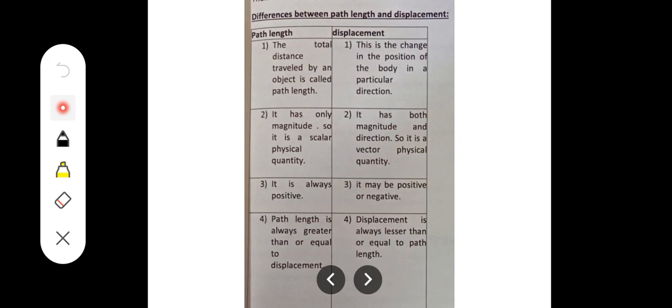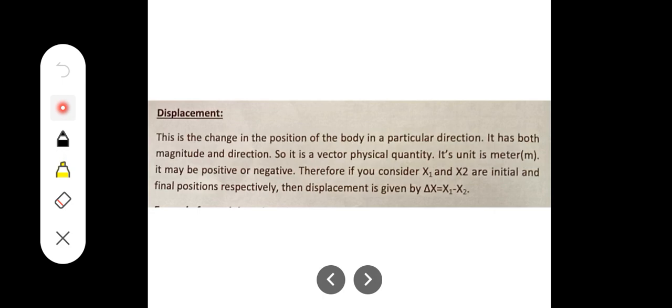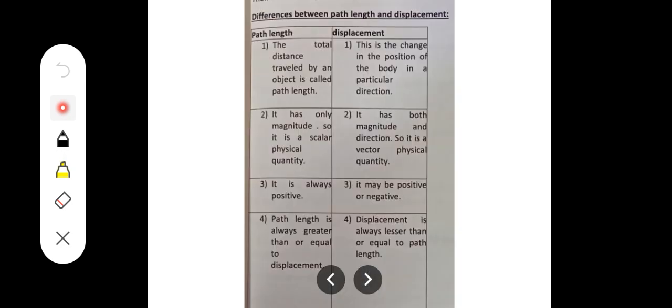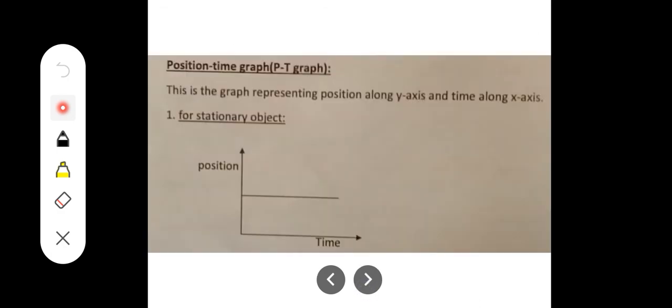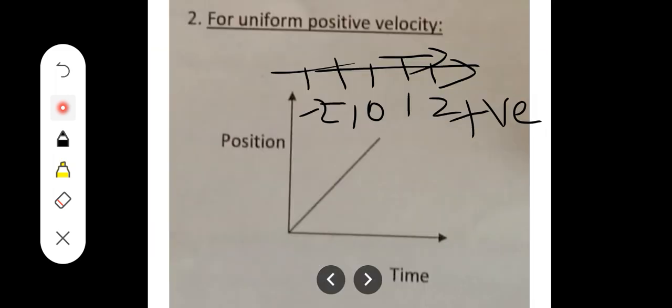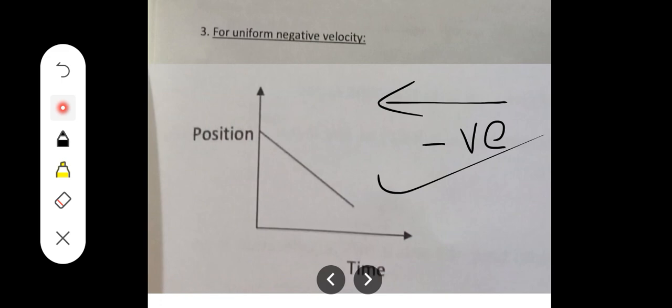Then we have seen an example with which we explained displacement and path length. Then their differences, average speed, average velocity, uniform velocity, position-time graph, and different situations: stationary object, uniform positive velocity, and uniform negative velocity. This much we have seen. All are important for the examination. So once again go through the videos and remember all the points.